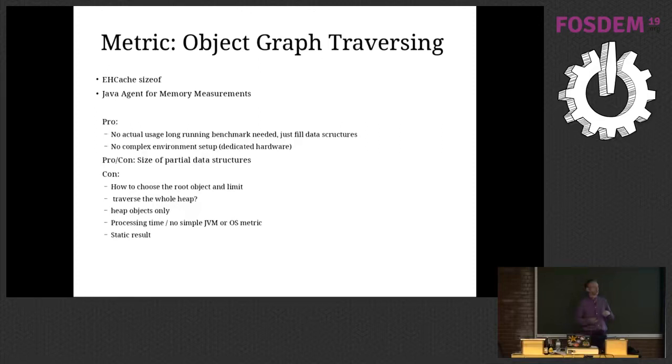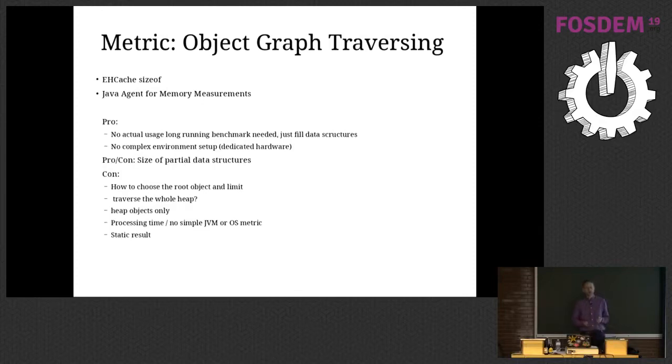This is quite nice because you can just fill your data structures and then ask the library how much memory this is going to cost you. So you can integrate it in continuous integration and get some results out of it. But it only covers a partial set of the memory.